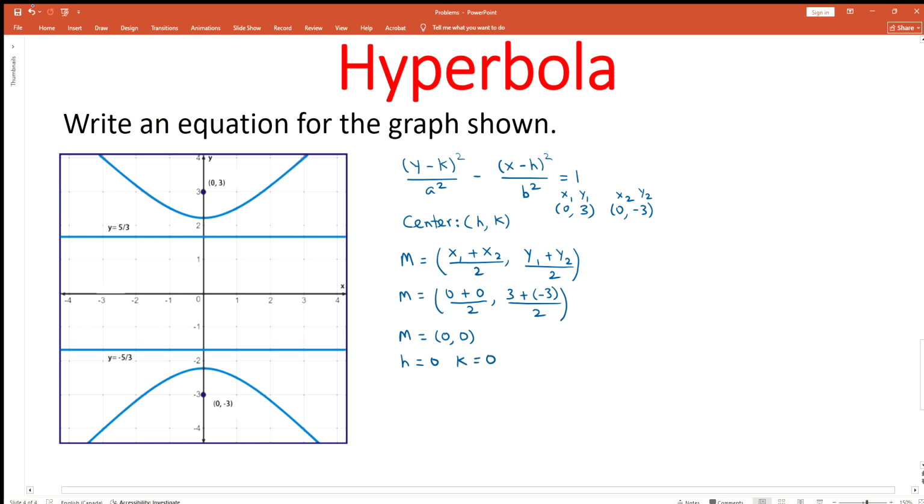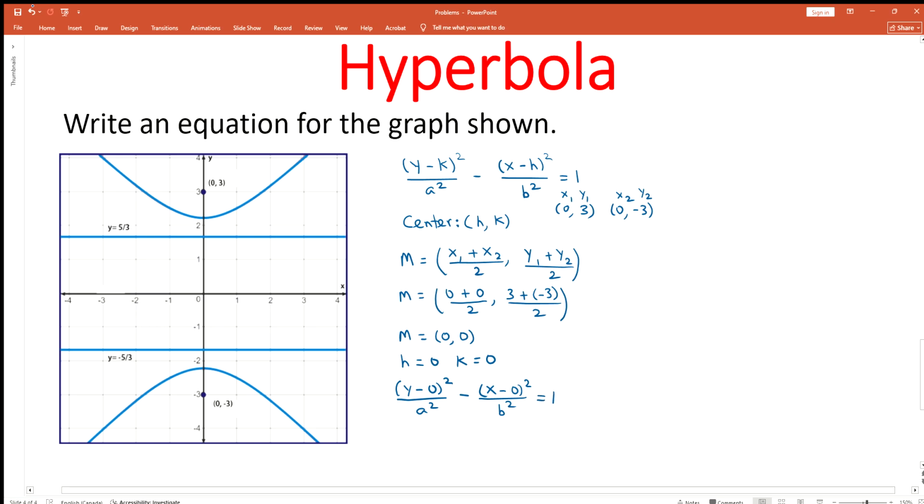We can sub in these h and k values in the general equation. We get (y minus 0) squared over a squared minus (x minus 0) squared over b squared equals 1.